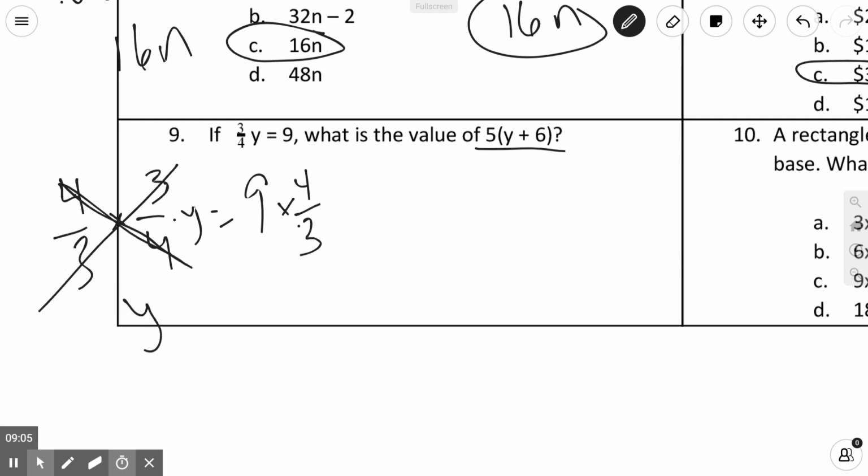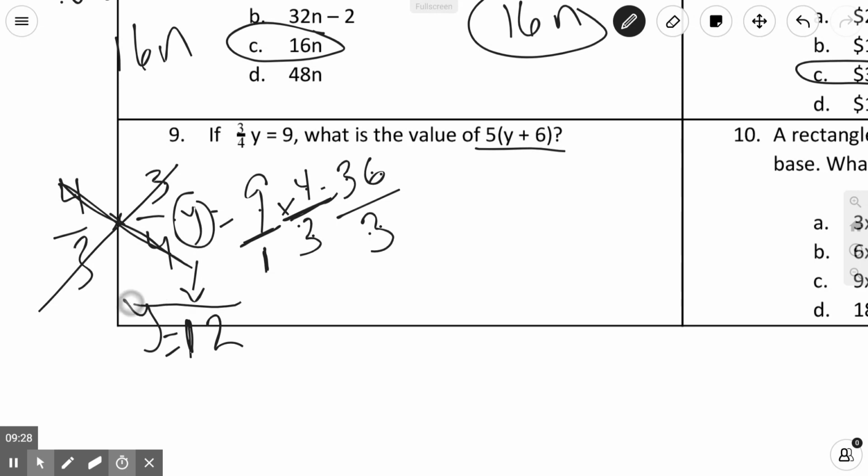So I'm left with y by itself, comes down here, and 9 times 4 divided by 3 because fraction bar means divide. And it helps to put 9 as a fraction over 1. So that gives me 36. 9 times 4 is 36 over 3. Now 3 goes into 3 one time, and 3 goes into 6 2 times. So y is 12.